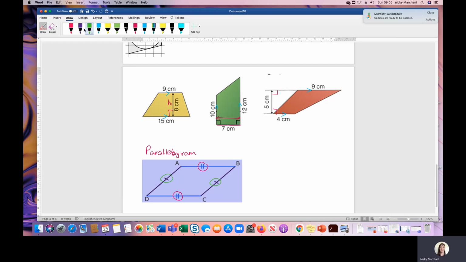So a parallelogram is not to be mistaken for these trapeziums, which are four-sided shapes. Sometimes the lines are a little bit off and you could almost mistake it for a parallelogram, but a parallelogram most definitely has two separate pairs of parallel sides, with equal lengths and exactly the same angle. Just a quick recap on that.